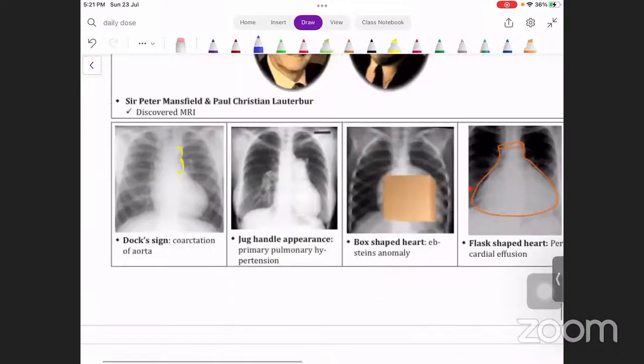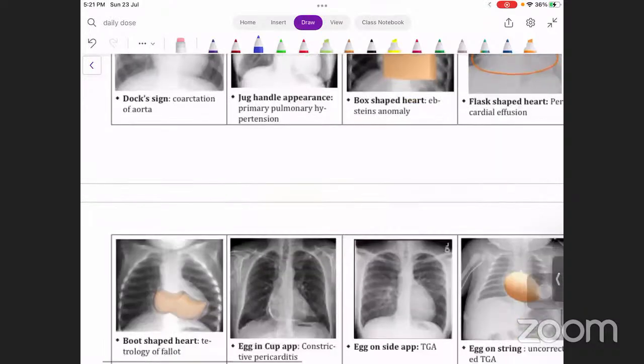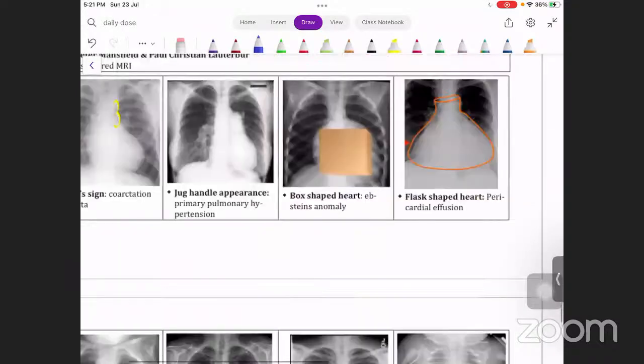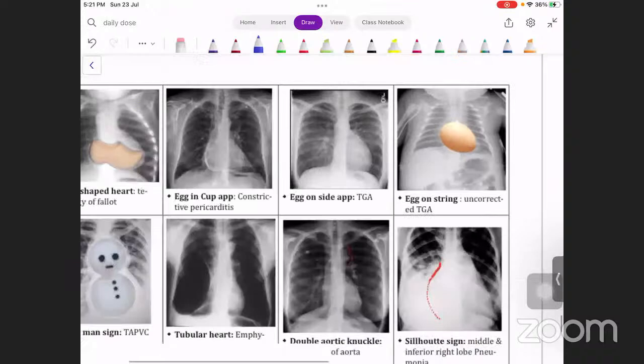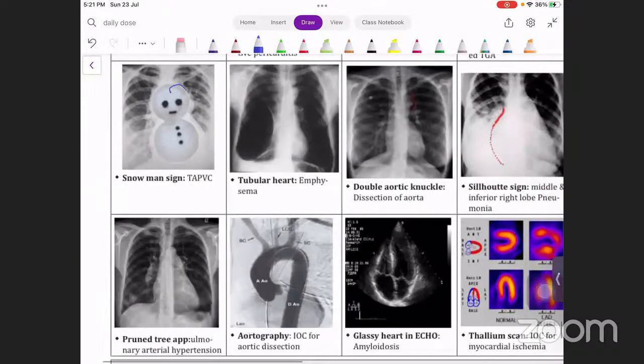Apart from that, the figure of 3 is seen in coarctation of aorta. Flask-shaped heart is seen in pericardial effusion. And here you may see the snowman sign, TAPVC.